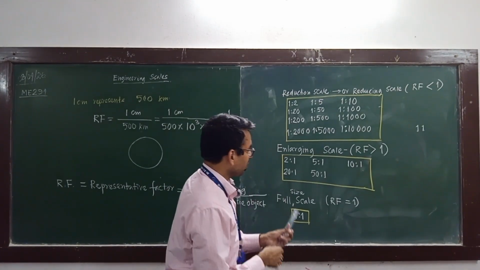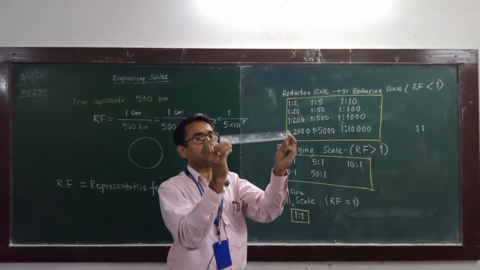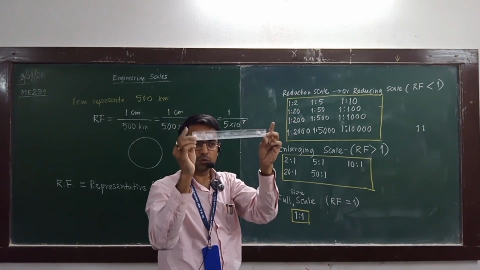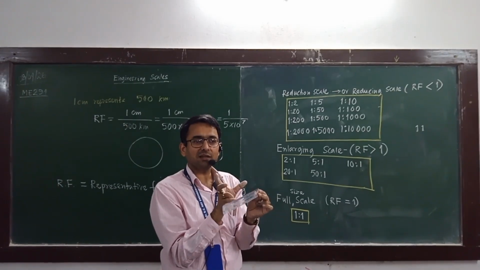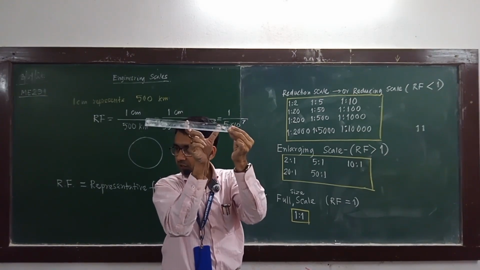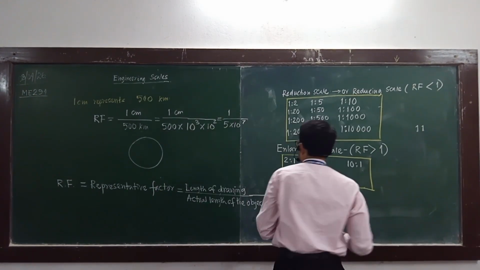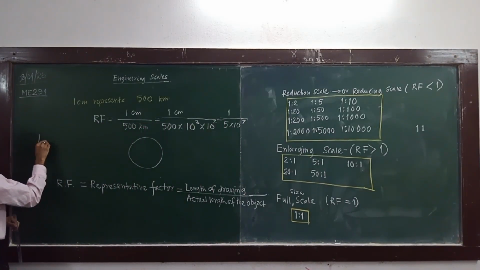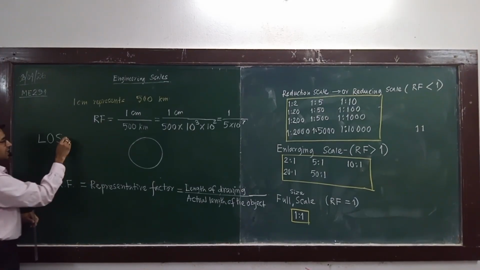Right? Say for example, this is 30 centimeter. If it is 1:2, then what will be the length of the scale? 15. So there will be a term called length of scale, LOS.